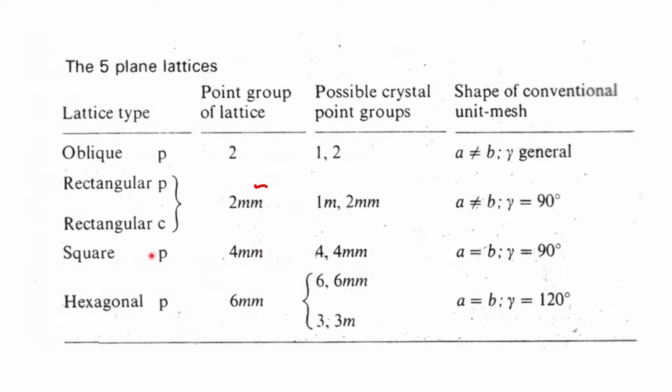You see that in the case of the square lattice we get a 4 and a 4 mm. 4 mm is a possibility because you remember that we have Euler's theorem, and once you have the proper and improper combination, that is allowed, and therefore we will have 4 mm. So, in general, the point group symmetry of this lattice is a proper, improper axis combination.